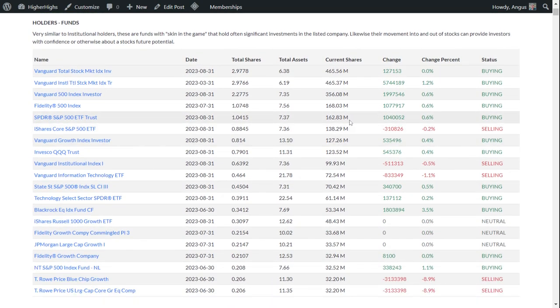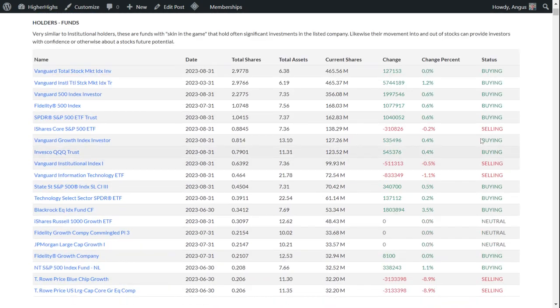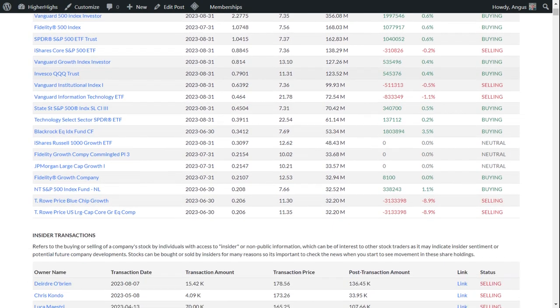Same with funds. So again, funds are also people with skin in the game. They also hold large portions of stocks. Again, they're more prone to perhaps rebalancing type actions than some of the bigger institutional holders. But it's always good to see well-known funds holding a particular stock, and especially if they're all accumulating, it's always a good indication that things might be good with that particular stock.